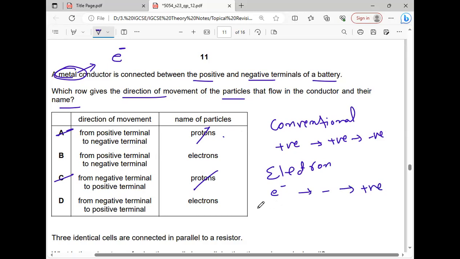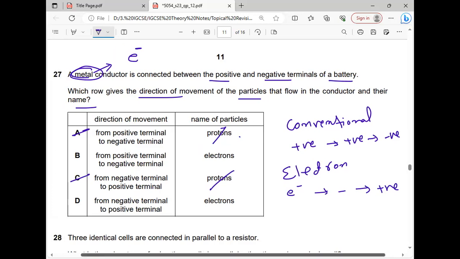So which option is correct? Obviously options B and D can be correct, but now we have to determine the direction, and electrons always move from the negative terminal to the positive terminal. So option D is the correct answer.